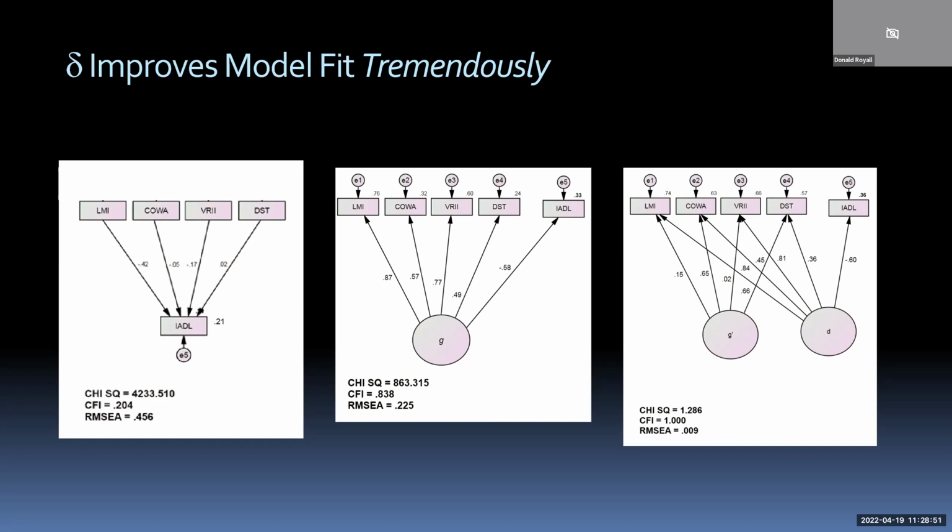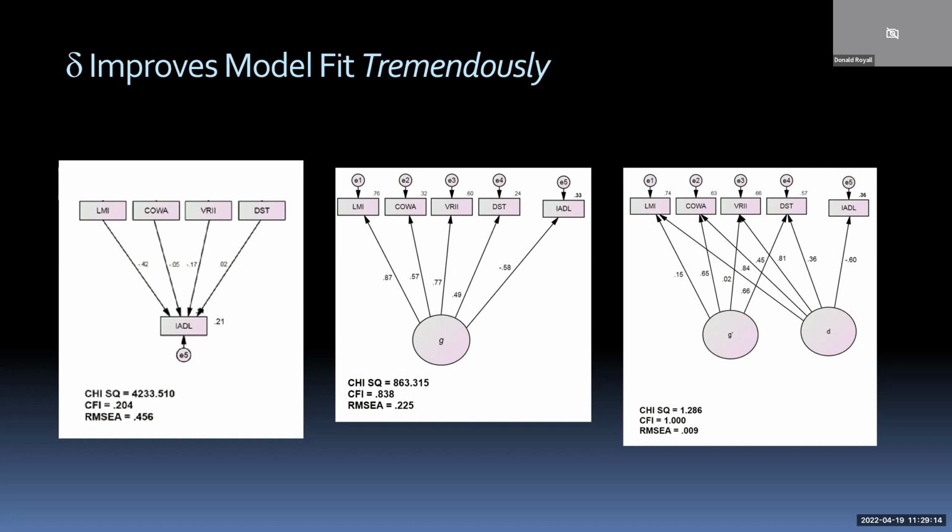So here are 3 different models, and I want you to appreciate that they're constructed from an identical set of indicators. So these 3 models are different ways of understanding the associations among these 5 observed measures. And the model fit improves as you go from left to right.